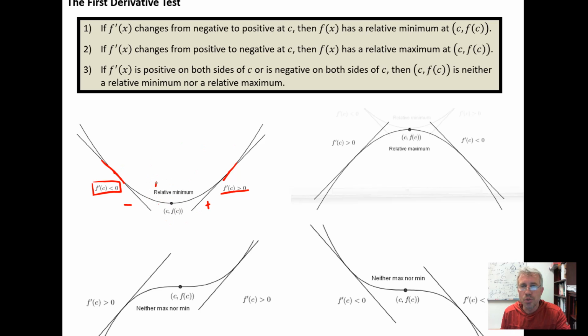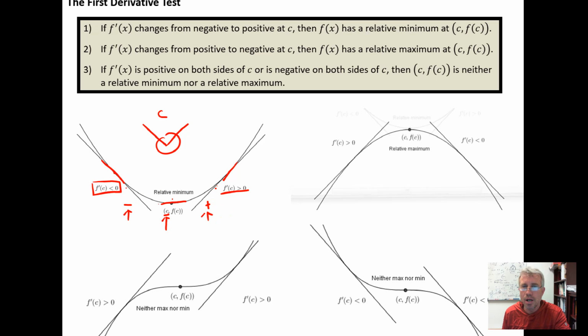So to identify whether a critical number c is a minimum, you find the critical numbers, which are either going to occur when the derivative is zero or you have a sharp cusp. You find your critical number, and then you look at the slopes of the tangent lines to the left and the right of your critical number. And you say, do the tangent line slopes change from negative to positive?